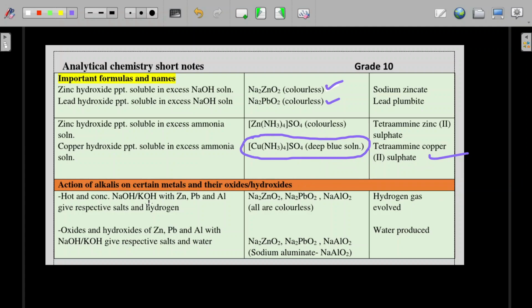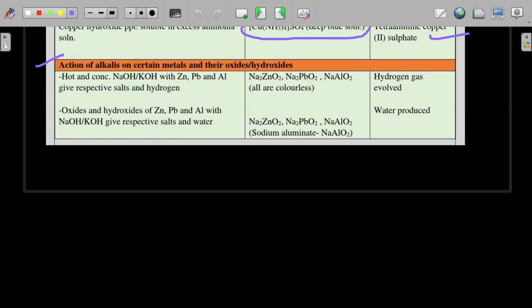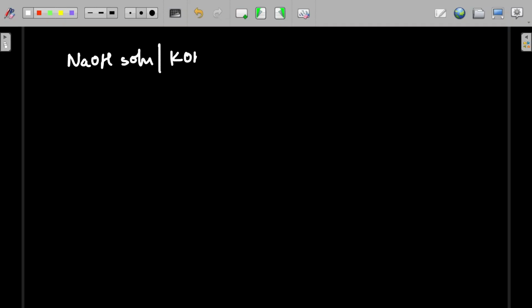Okay, now we will see the second part, action of hot and concentrated alkalis on certain metals and their hydroxides. Here, let me take a break. Now we are taking only caustic soda or caustic potash solution, that is NaOH solution and KOH solution.